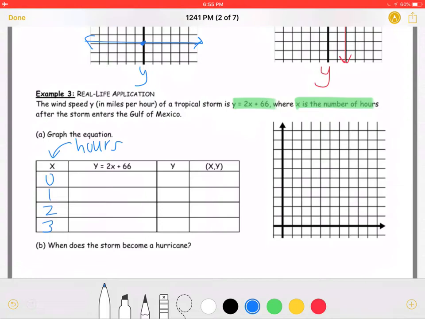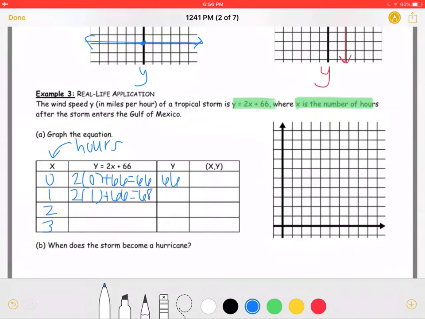Now we're going to plug each of those individually into the equation to find what the y value is, and then the entire ordered pair that we have to plot. So I'm going to write this out. 2 times 0 plus 66. I know 2 times 0 is 0, plus 66 gives us 66. Now plug 1 in, you get 2 plus 66.